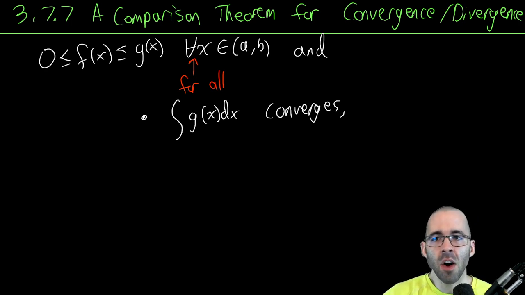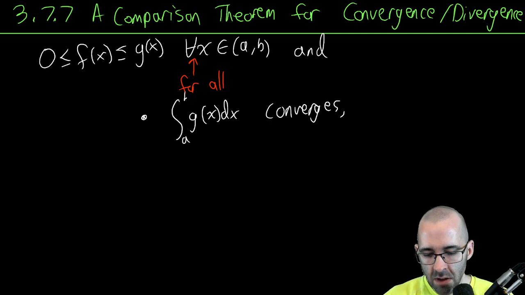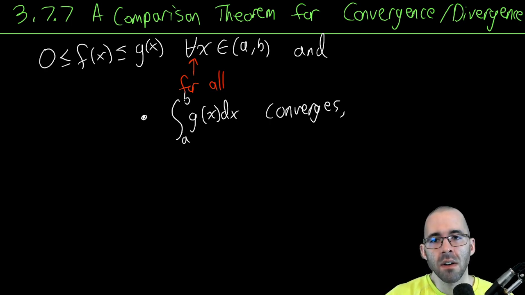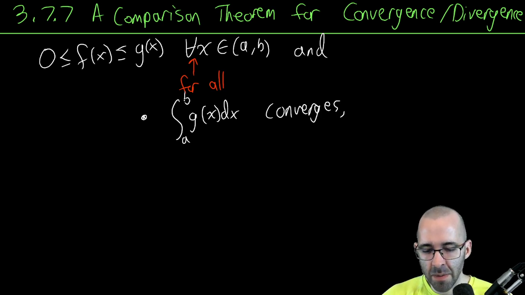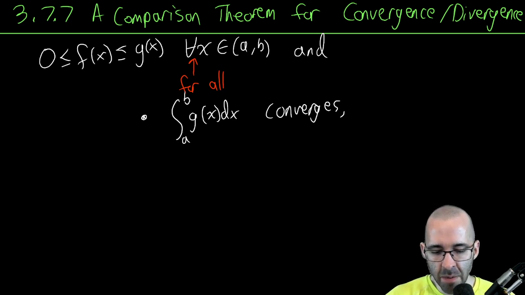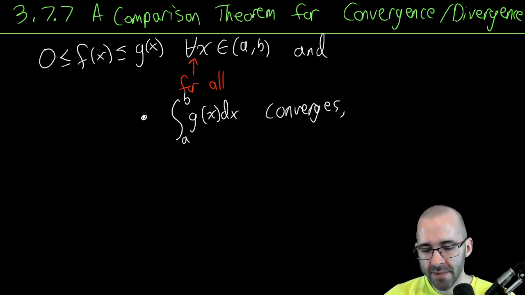So if f is always smaller, well then the integral from a to b, and again, we can let b be infinity here, even though that's not a real number, then the area under the curve of f is less than the area under the curve of g, if f is always less than g.